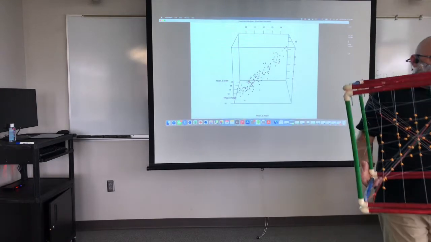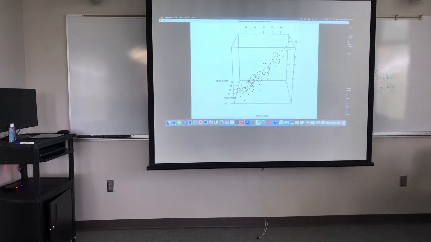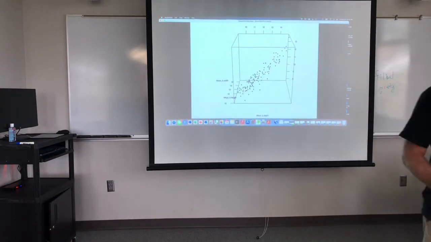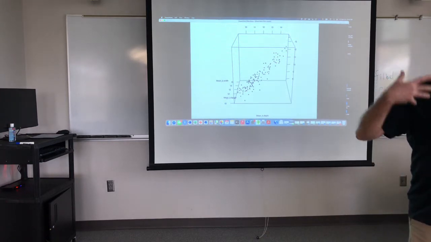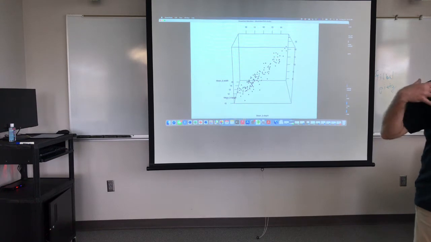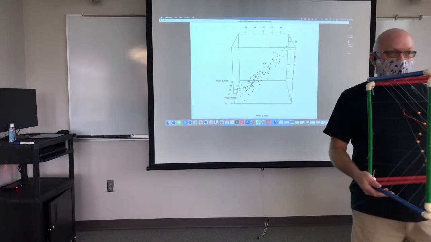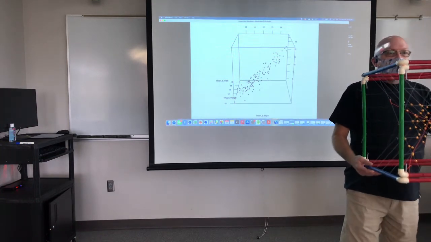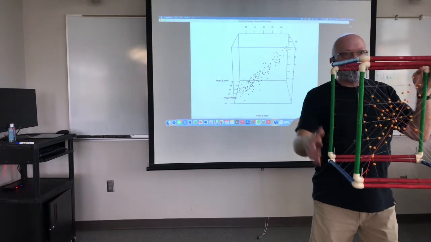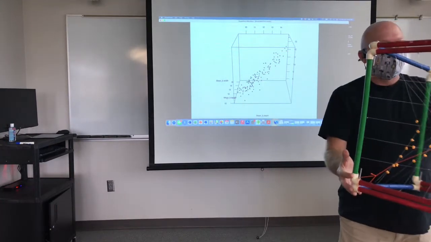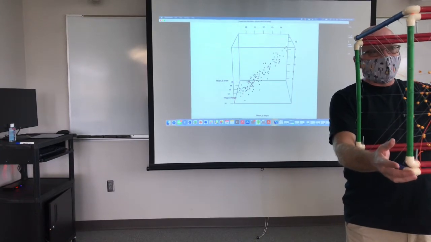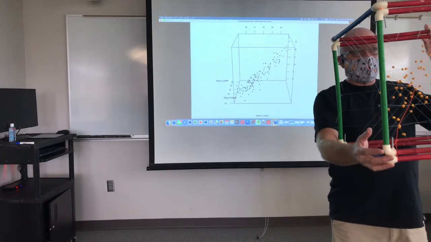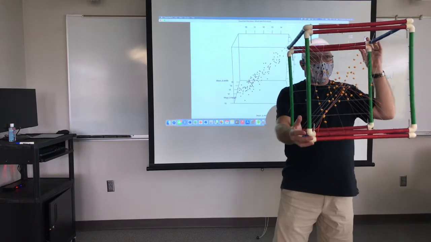It's just fishing line and fishing weights that I've painted orange so that you can see them up against my principal component analysis shirt. Whenever I do principal component analysis, I always wear a black shirt so that you can actually see the data points. So when you look at this thing, as you're turning this thing around, you see that there's more variation going from this corner up here to this back corner back here.